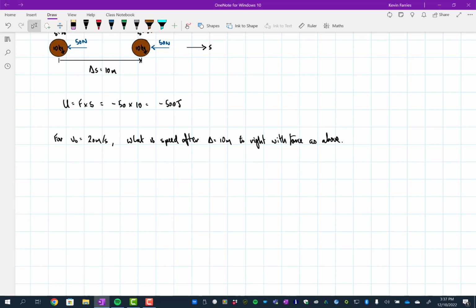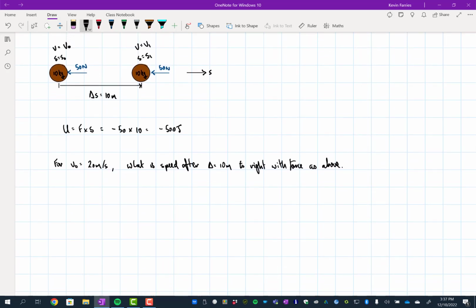So in this case, the initial kinetic energy, Ek naught, is equal to half mv squared, which is a half times 10 times v naught, which is 20 squared, 400, 4 times 5, 2000. Let's just double check it. 0.5 times 10 times 20 squared, 2000 joules.